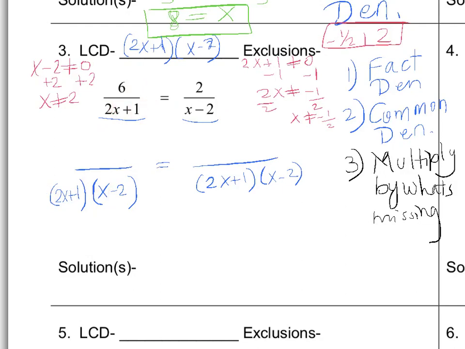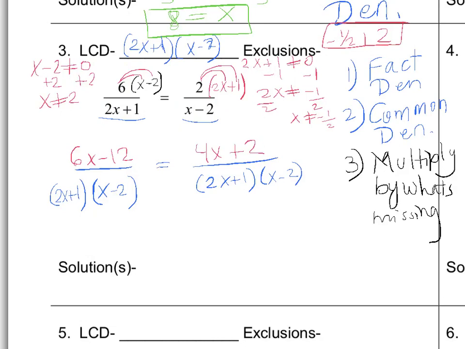So you have to multiply the top by x minus 2, and also compare this to this. Also you have to multiply the top by 2x plus 1. So 6x minus 12, and then 4x plus 2.